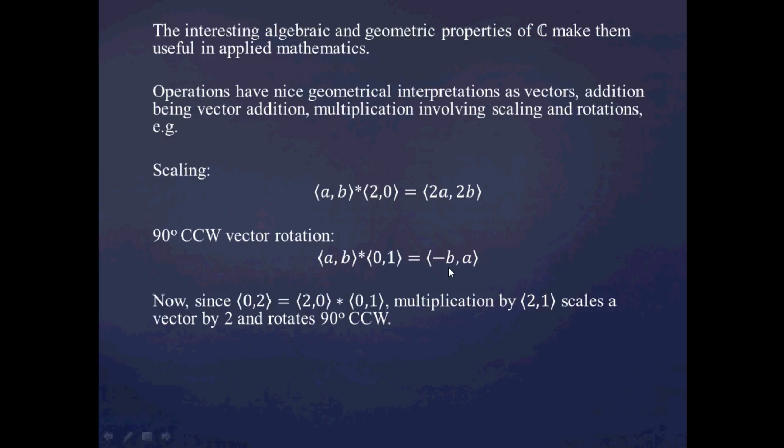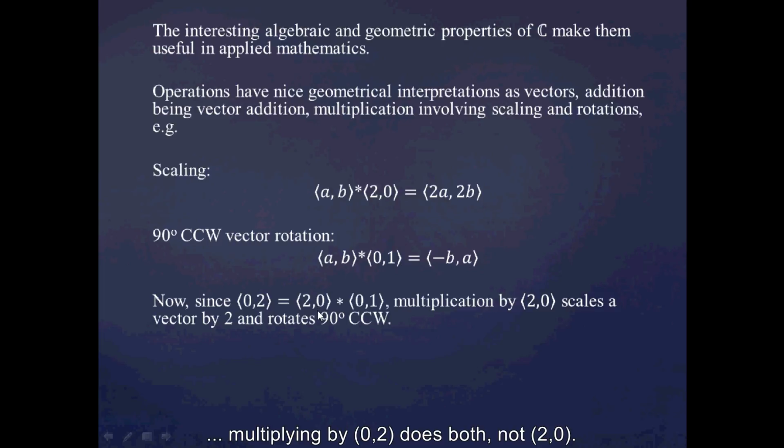And for the most part, when I multiply by some arbitrary complex number, the action of that complex number is going to be some combination of scaling and rotation. To give you an example of that, let's consider the complex number (0, 2). Now I make the observation that (0, 2) can be written as the product of (2, 0) and (0, 1). And just from our investigations up here, we know what the action of those two numbers are individually.